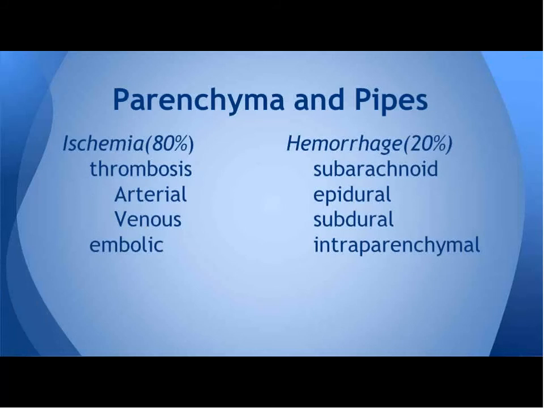So parenchyma and pipes. 80% of the strokes that we'll see will be ischemic, whether it's thrombotic or embolic, arterial versus venous, but a majority of them will be arterial thrombosis. And then a smaller percentage will be hemorrhagic. Most of them will actually be as a result of trauma, but you can have hypertensive intraparenchymal hemorrhages, subarachnoid, epidural, or subdural.